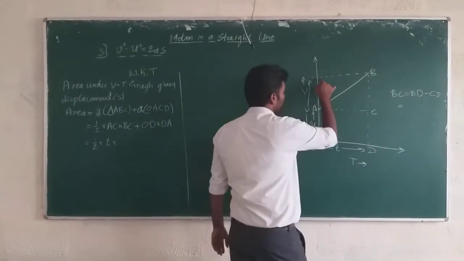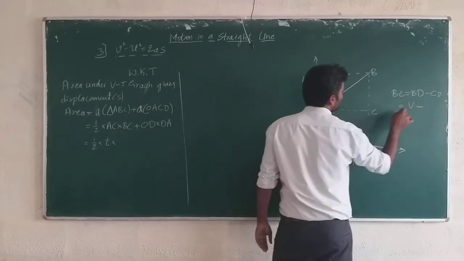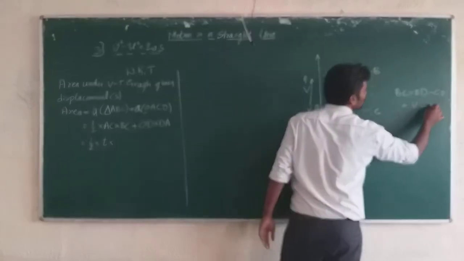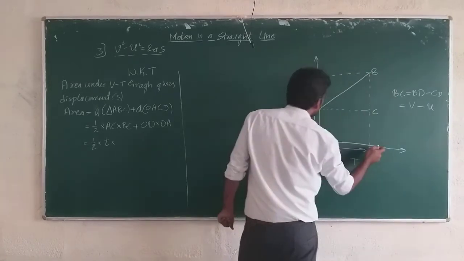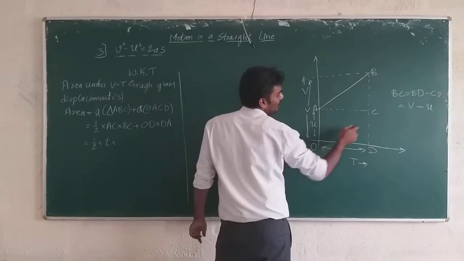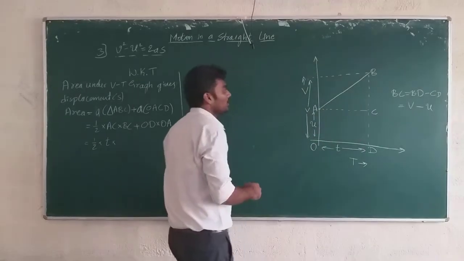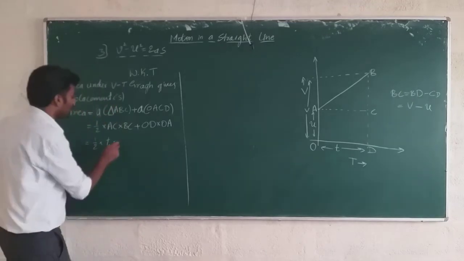BD is this length, which is V, right? Minus CD, which is this length, U, right? So now I will directly take BC is equal to V minus U.